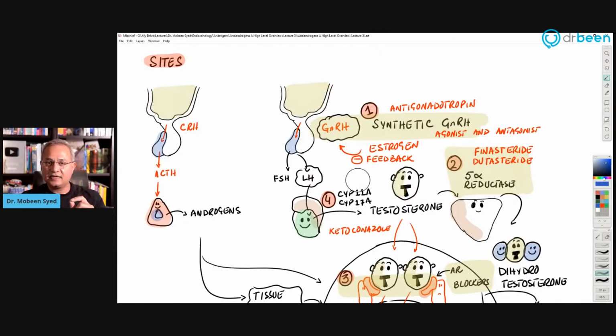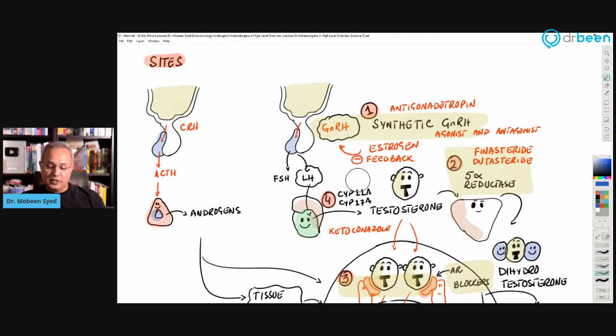The synthetic gonadotropin releasing hormones are about 100 times more potent compared to naturally produced GnRH from our hypothalamus, number one. Number two, the synthetic GnRH are made in a way that they have a high affinity for the gonadotropin releasing hormone receptors in our pituitary.